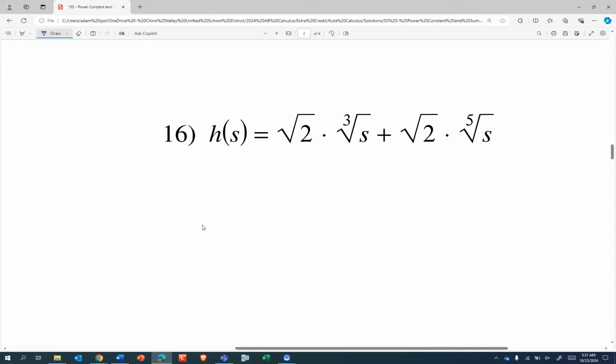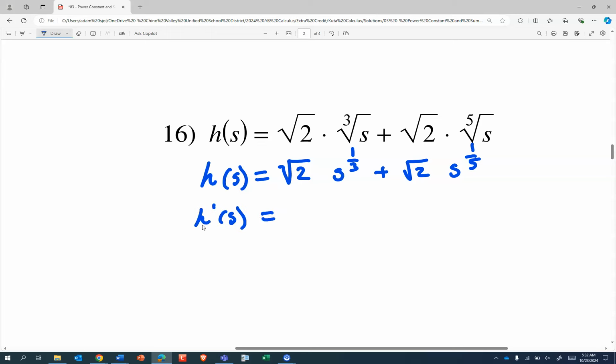I suppose the one thing to recognize is that the square root of 2 is a constant. So the derivative of a constant times a function is that constant times the derivative of that function. And let's see. Maybe we rewrite this. Let's get rid of our prime. So that's the square root of 2 times s to the 1/3 plus the square root of 2 times s to the 1/5.